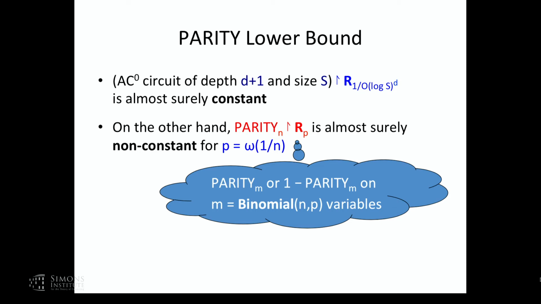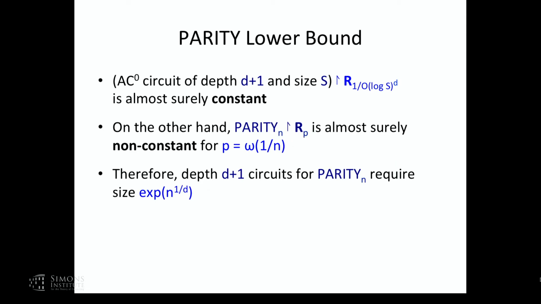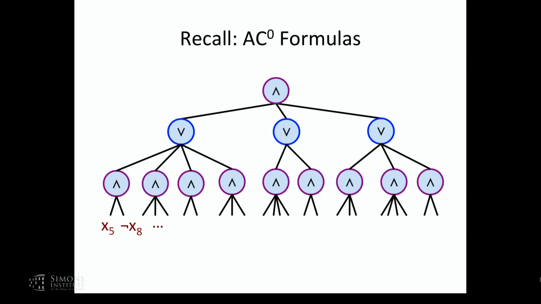So long as your p is significantly larger than 1 over n, this is almost surely not 0. So we have these two observations, and therefore it follows that depth d+1 circuits for parity require size exponential in n to the 1 over d. You combine these two facts. Okay, so this is how random restrictions lead to lower bounds.